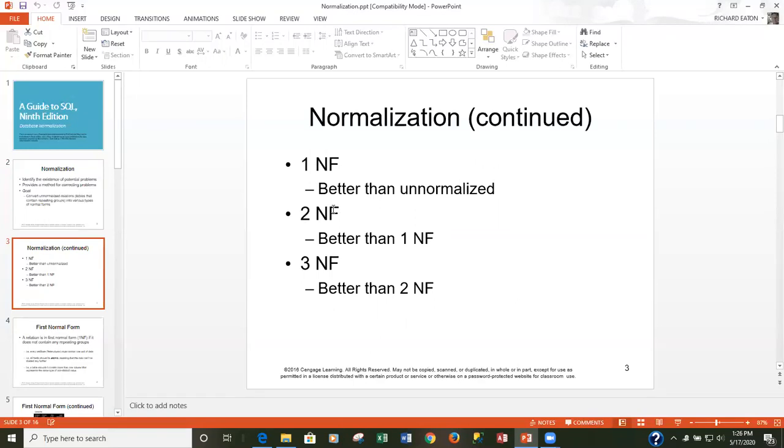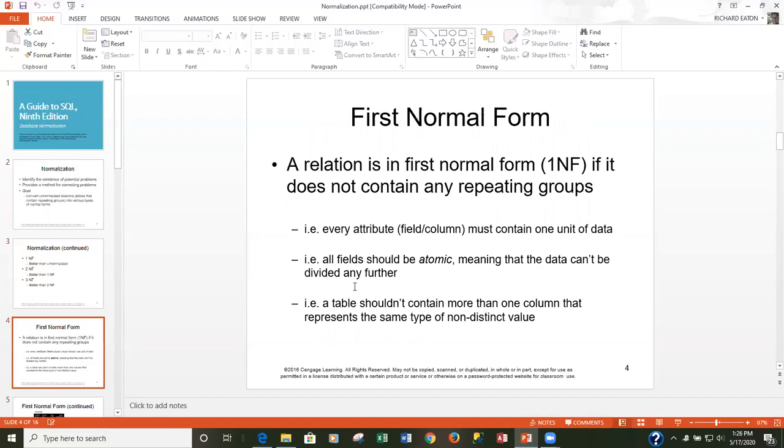And then we look to see if we have second normal form issues, and if we do, we resolve those before we move on to third normal form. So in other words, you do them in order. The first normal form rule says a relation is in first normal form if it does not contain any repeating groups.